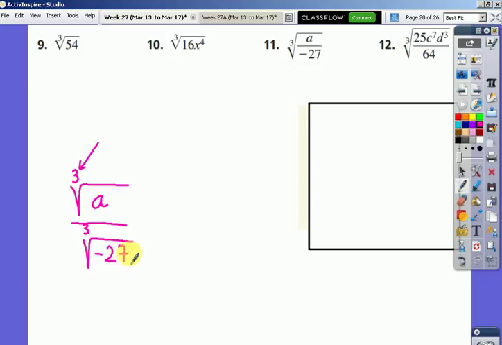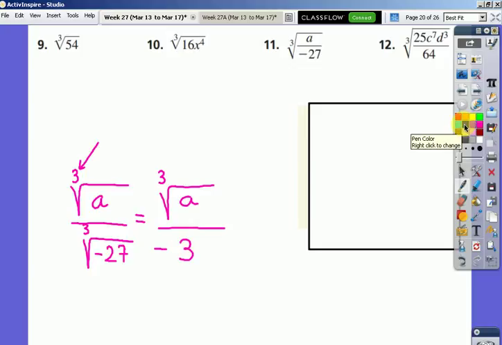Well, I know with a negative and a cube root, that's okay, so I'm just going to take it out. The cube root of a is just the cube root of a. I can't simplify it any further than that. Well, 27 is a perfect cube. I get 3. I already have a negative on the outside. So that's what you should get for number 11.